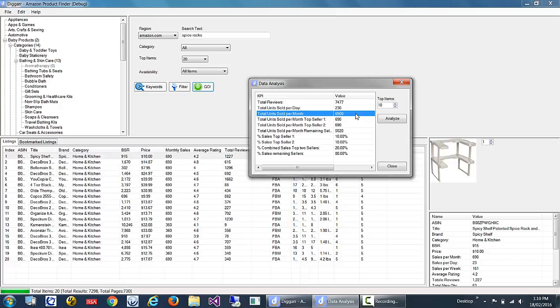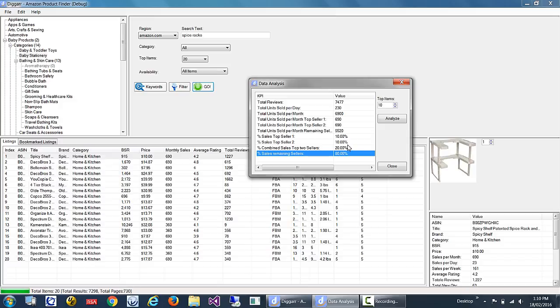Now the other key thing to look for is the percentage of the sales distribution between the top two sellers and the rest of the sellers. You can see here that the top seller is selling 10%. The second seller is also selling 10%, and the remaining sellers in the top 10 have 80% of the market.